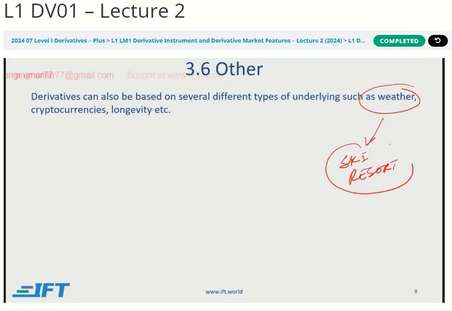So what you could do is get a derivative based on the weather, depending on how much rainfall or how much snowfall there's going to be this year, or how long something is going to last, or even based on things like Bitcoin and all this cryptocurrency that we have. So almost everything is available in the world of derivatives these days. Well, not everything, but a lot of things. So you can have several different types of underlying assets for derivatives these days.